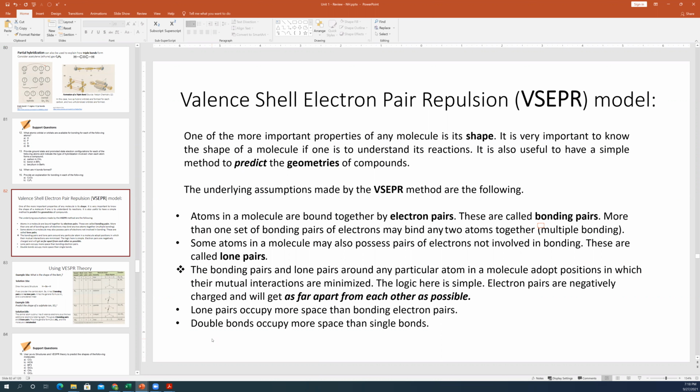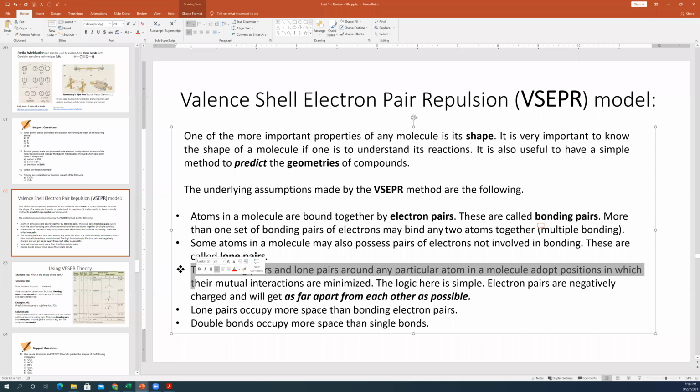Another important assumption in the VSEPR model is that the bonding pairs and the lone pairs around an atom position themselves in a way that their interaction is minimized. Again, think of tying the balloons together.